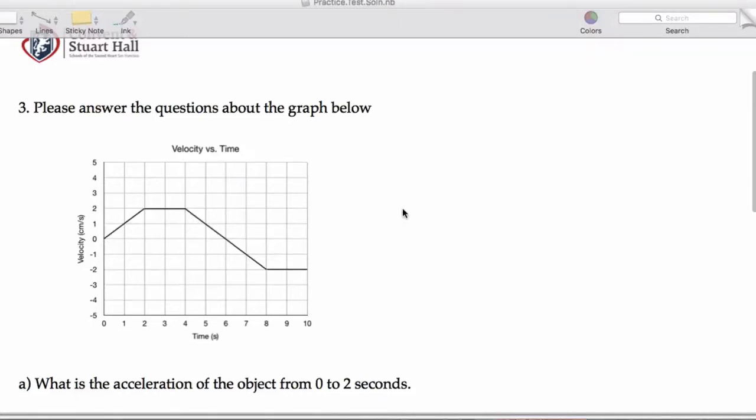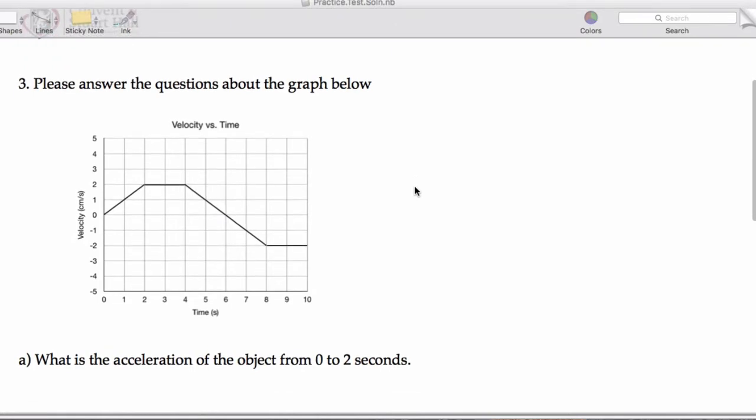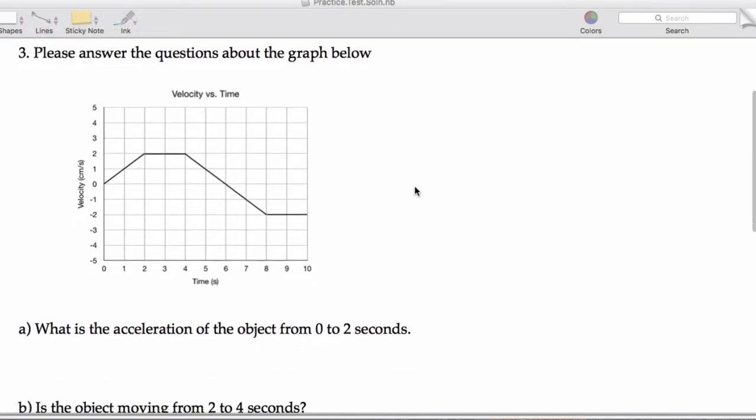All right, we are now moving into the realm of accelerated motion. So for A, we want to know the acceleration of the object from 0 to 2 seconds.